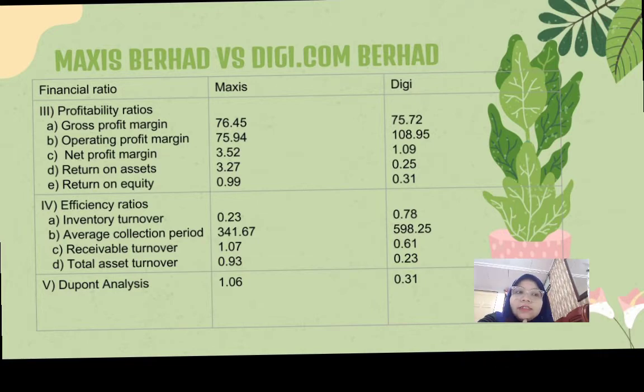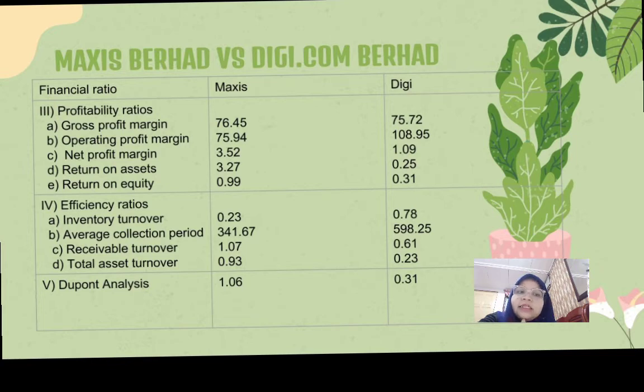Efficiency ratio has four parts, which are inventory turnover, average collection period, receivable turnover, and total asset turnover. For inventory turnover, Maxis gets a value of 0.23, while DiGi gets a value of 0.78.